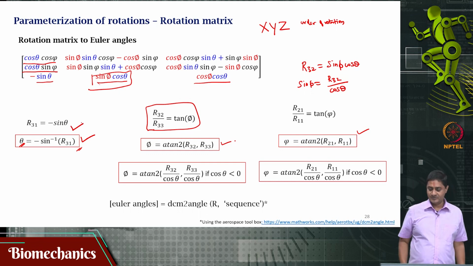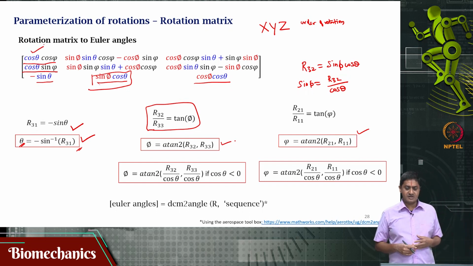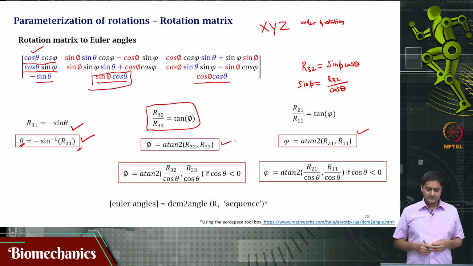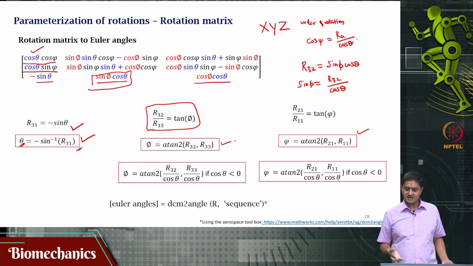Likewise here also I can find cos psi as R11 divided by cos theta. So psi is cos inverse of R11 by cos theta. Theta is already known to me.